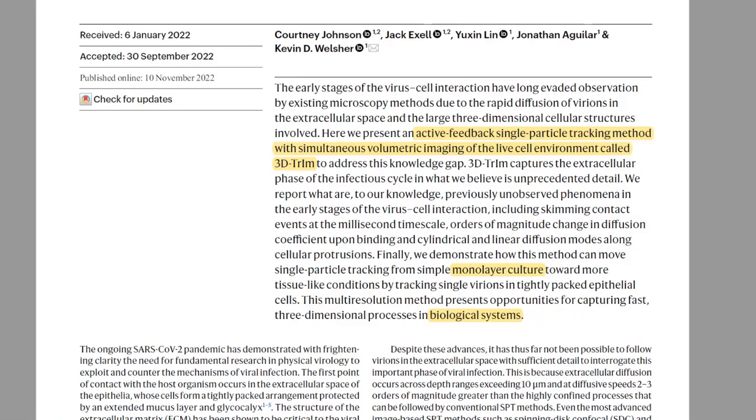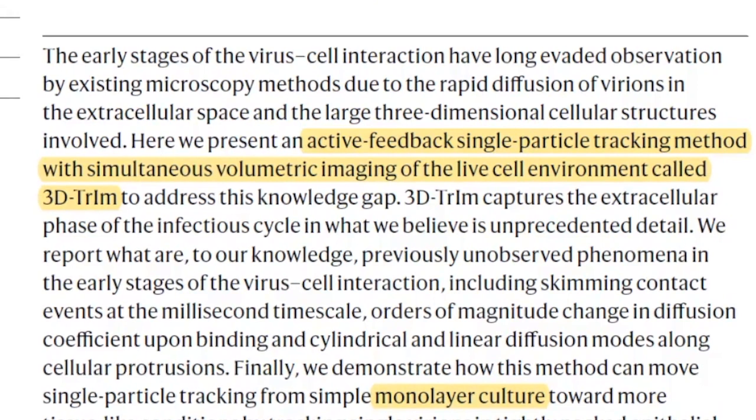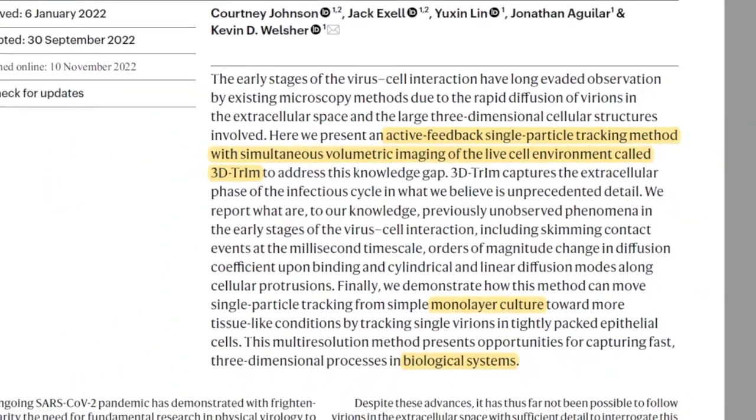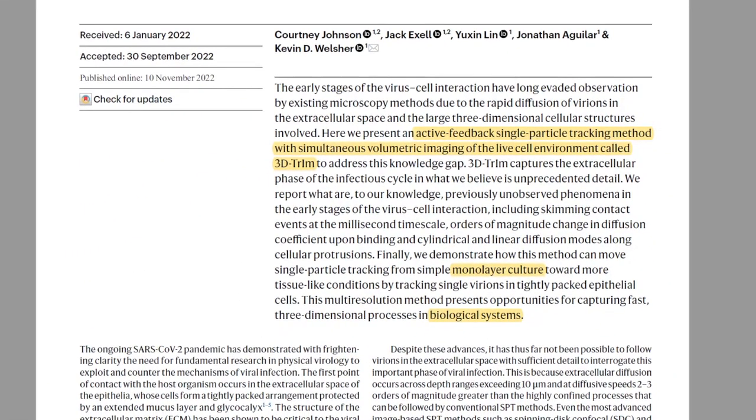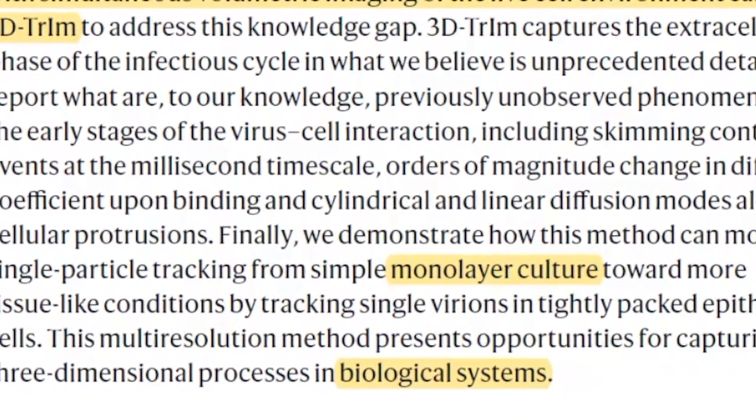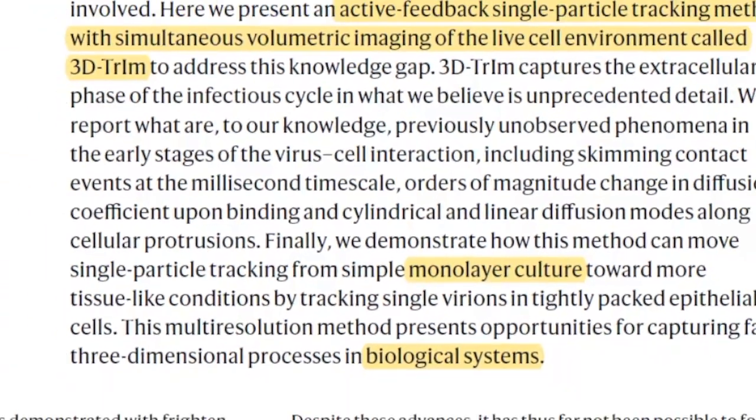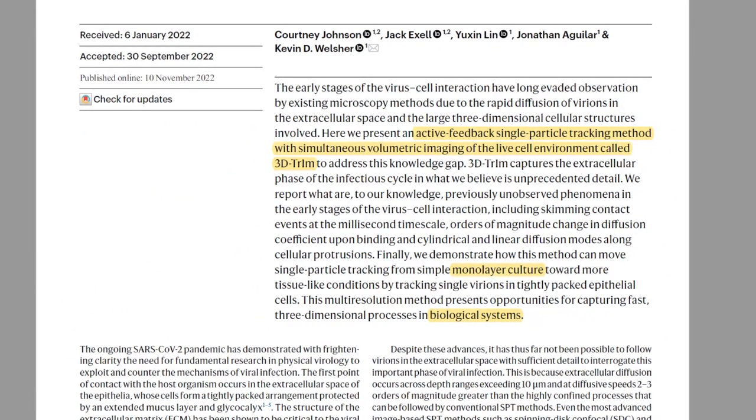Now, the second part of this highlight says, with simultaneous volumetric imaging of the live cell environment called 3D TRIM. Now, there is some microscopic imaging, but it's not of the small particles, it's of larger cells in a cell culture that they're using. And if you look down at the next highlight, there's a simple monolayer culture. And I'll tell you a little bit more about that as we discuss the methods.